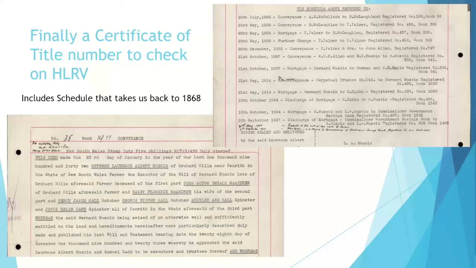So Bernard Musico bought it in 1907 from the widow of John Allen, and John Allen bought it in 1892 from Theodophilus Palmer, who bought it in 1888 from B. McLaughlin, who bought it in 1868 from A.H. McCulloch. So we're back to 1868, but not to 1810.